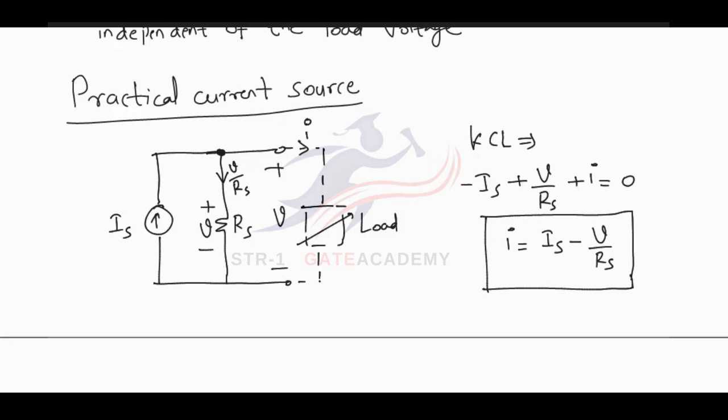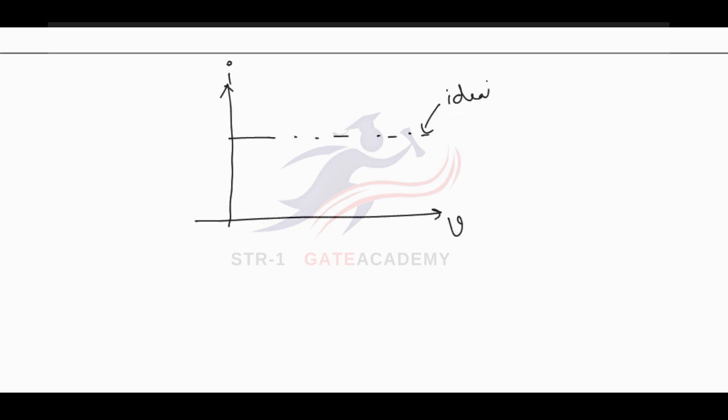If I plot the graph of voltage versus current, if I plot IV characteristics, this is my I, this is my V. For ideal current source, we have already observed that the current is constant. But for practical, we will have a curve like this.